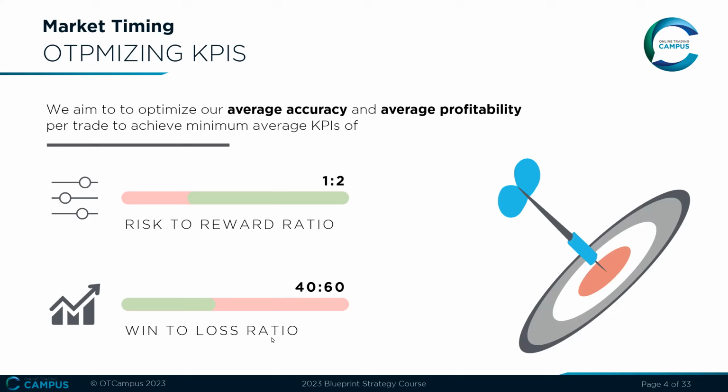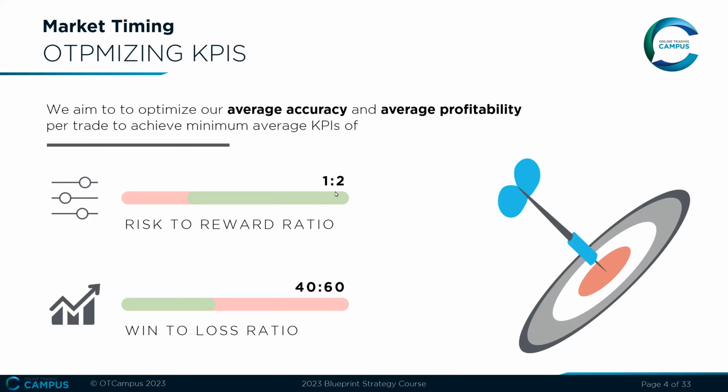We need a quality win to loss ratio, which is just going to be about 40-60. So we're actually going to be wrong more often than we're right. And in combination with a risk to reward ratio of 1:2, that will allow us to be consistently profitable over time. And to achieve at least a 1:2, we have to operate on lower time frames. There's just no other way around it.